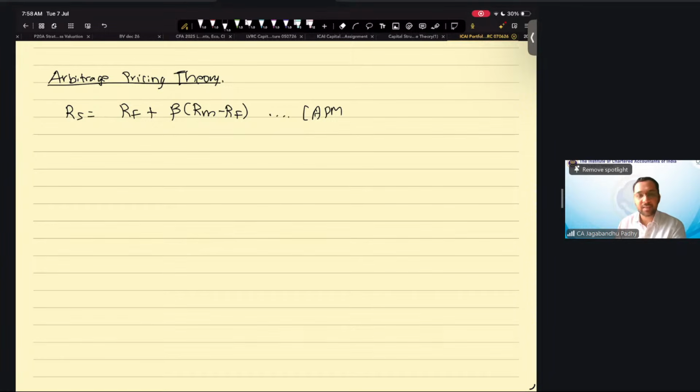So arbitrage pricing theory says it's not your market which is the source of risk. Rather, multiple factors are going to have an effect on the securities. What you see in beta or volatility in the market is ultimately because of the movement happening across the market, and that movement is happening because of multiple factors.